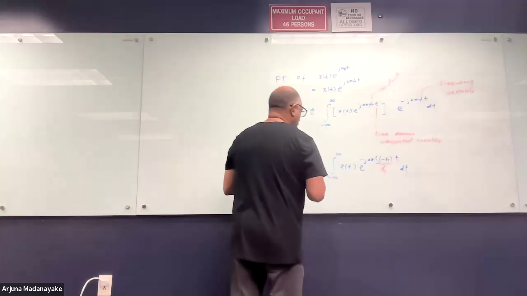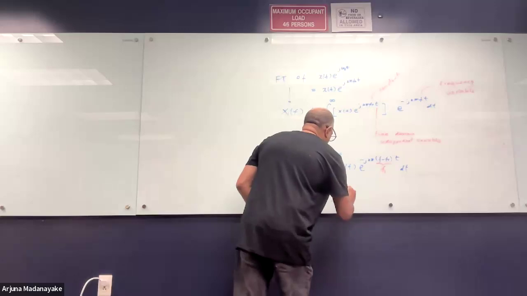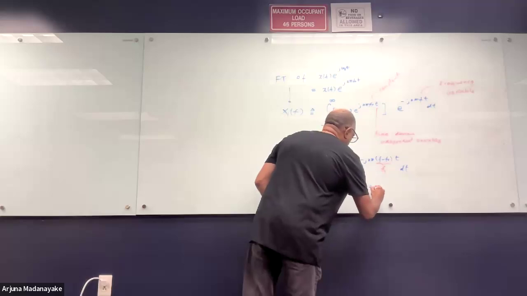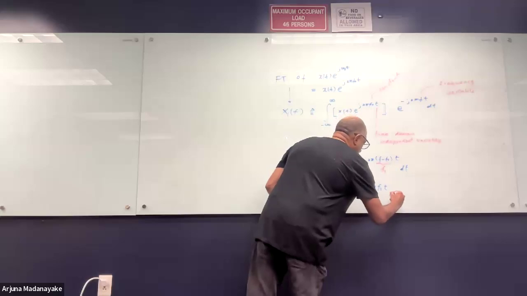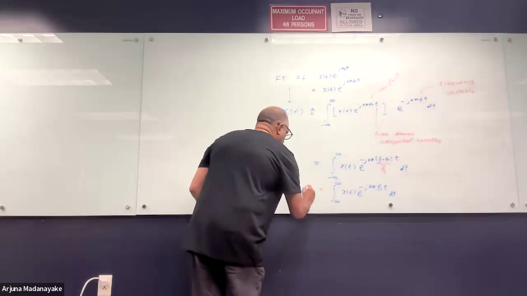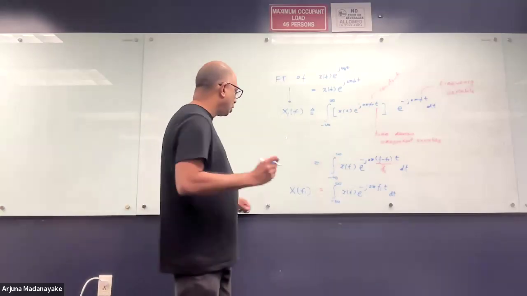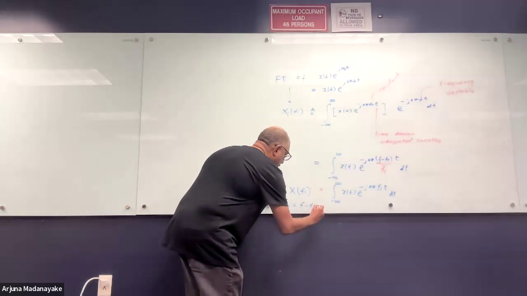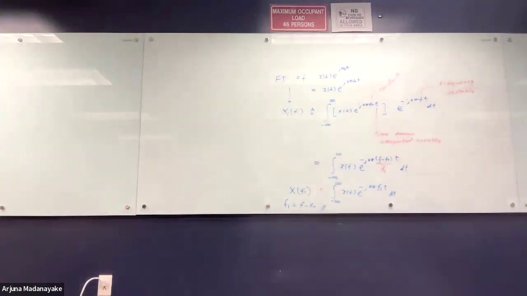So I get the integral from minus infinity to infinity of x of t e to the minus j 2 pi f1 t dt, which is directly, by definition, x of f1, where f1 is equal to f minus f0. Easy piece.